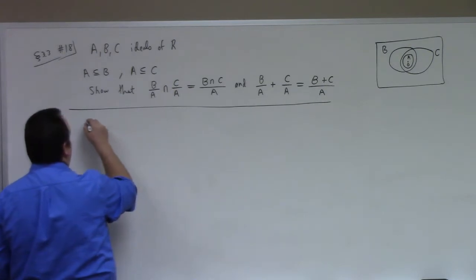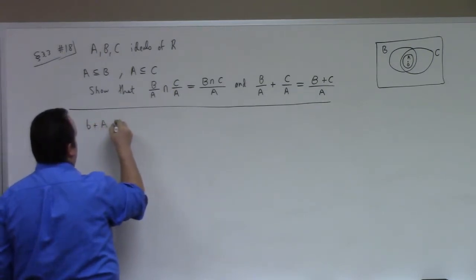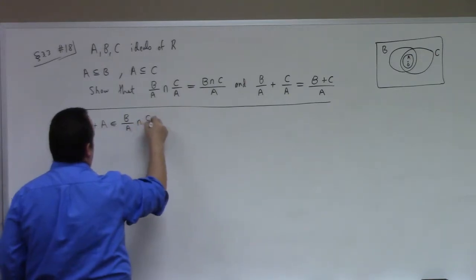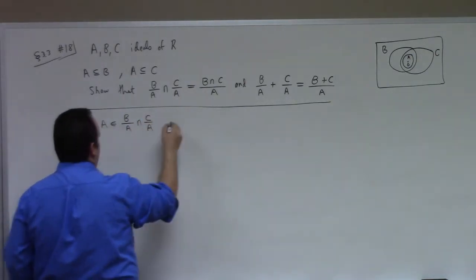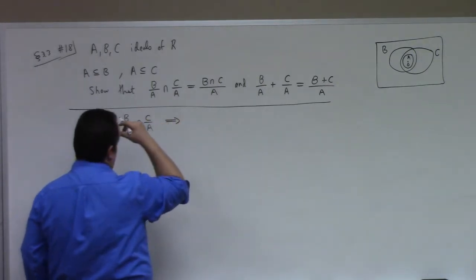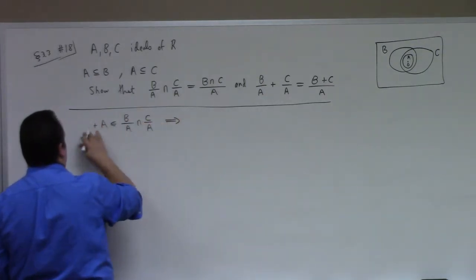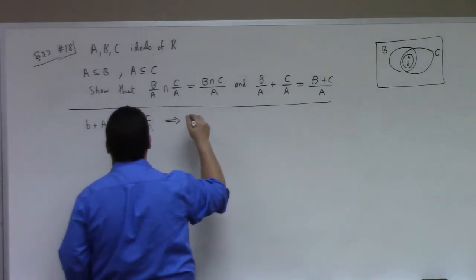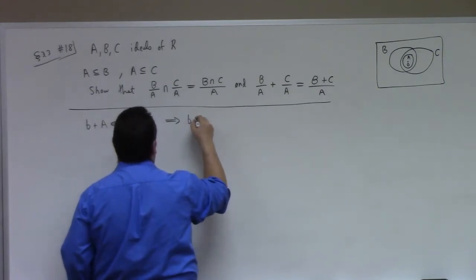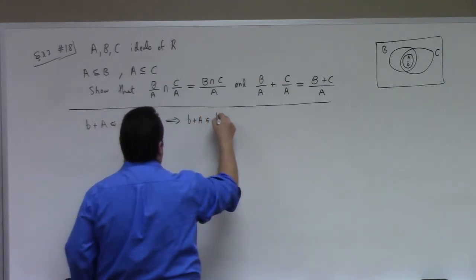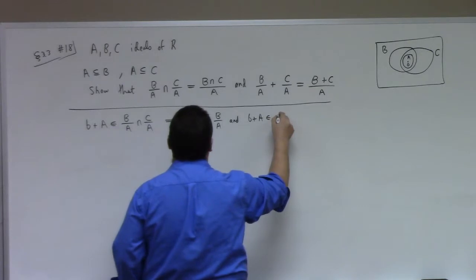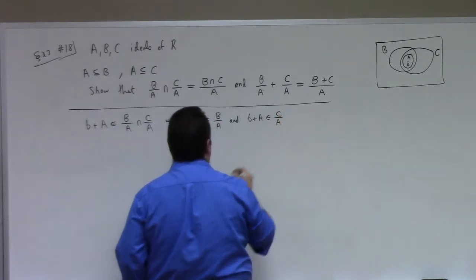Here goes. B plus A is an element of B over A intersect C over A. Implies, let me say, I'm going to put that b. Of course, b plus A is an element of B over A, and b plus A is an element of C over A, right?